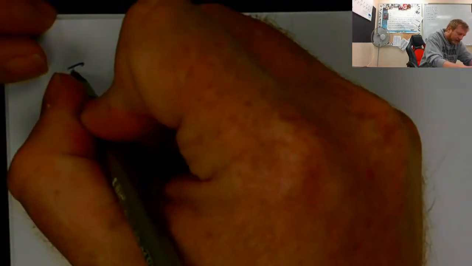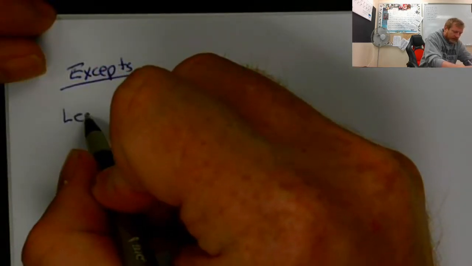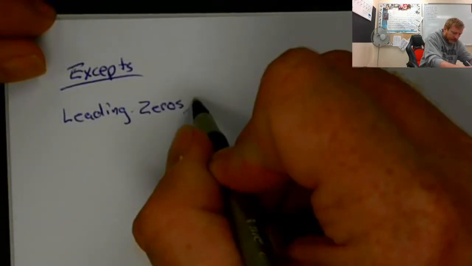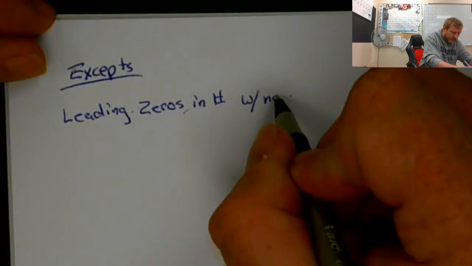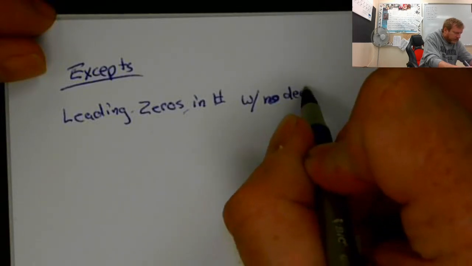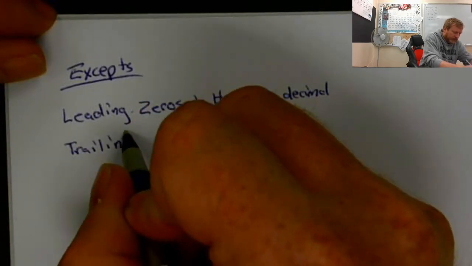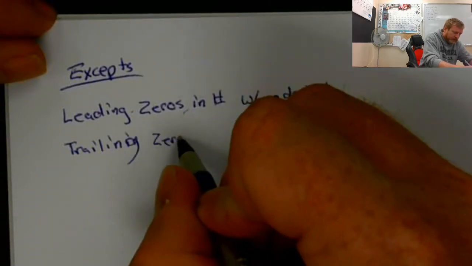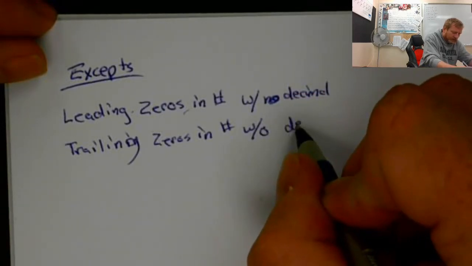Remember, every digit is significant except leading zeros in a number with a decimal, and trailing zeros in a number without a decimal point.